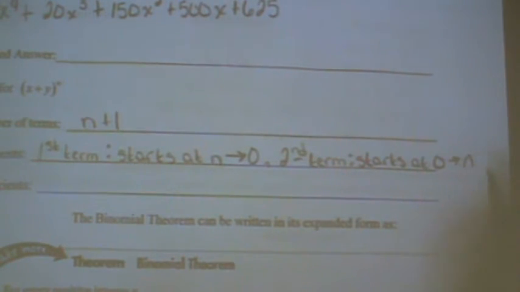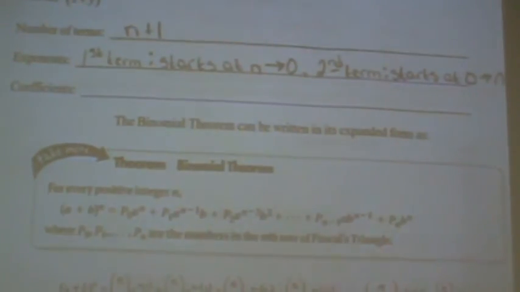So it goes to n. So our second term's exponent is increasing by 1 each term. And then our coefficients come from Pascal's triangle.